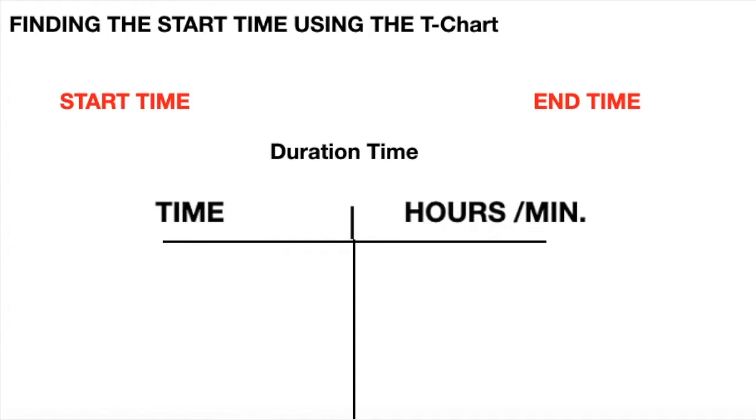Let us now try to find the start time if the given end time is at 5:30 p.m. and the duration time is around 3 hours and 10 minutes.